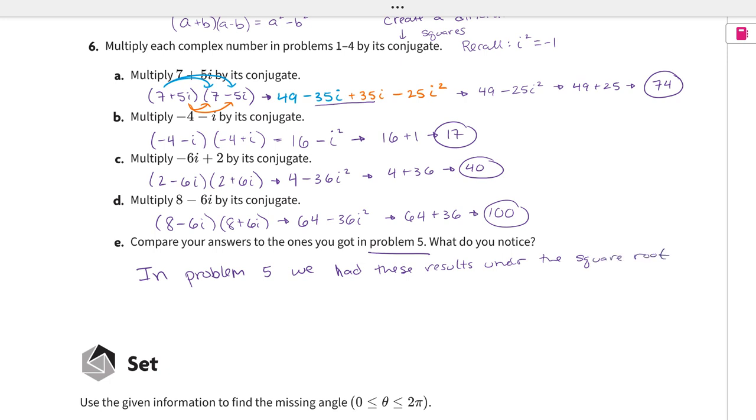So our answers to problem 6 are the square of the moduli, the square of the modulus of each. And we avoid using plural. Okay, so that's a little comparison.